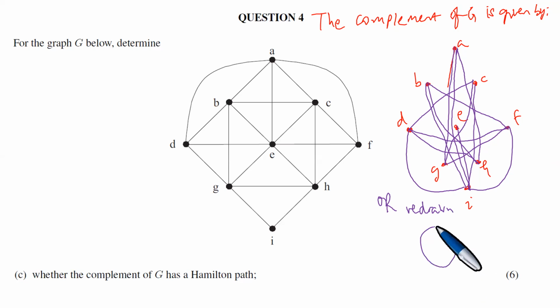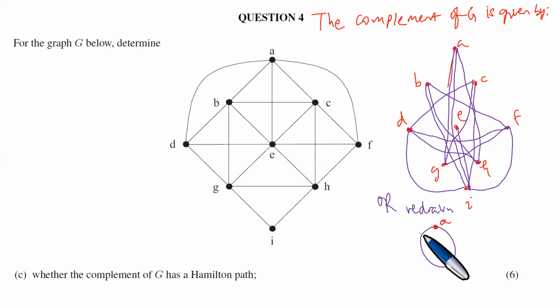So we have this. Okay, let me use red, otherwise this whole thing is just a bit unclear. Right, so we have vertex A here. You can redraw it like this.